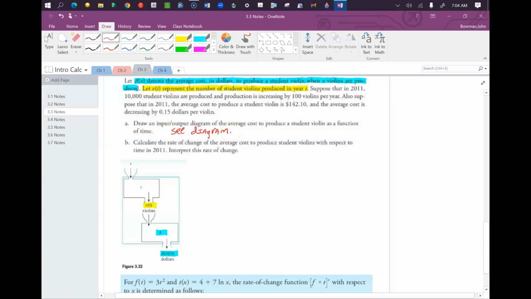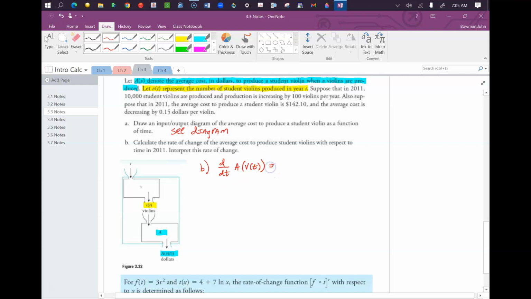So part A we addressed in the diagram below. B says to calculate the rate of change of the average cost, that's A, to produce student violins with respect to time. So basically, find the derivative d/dt of A of V of t.